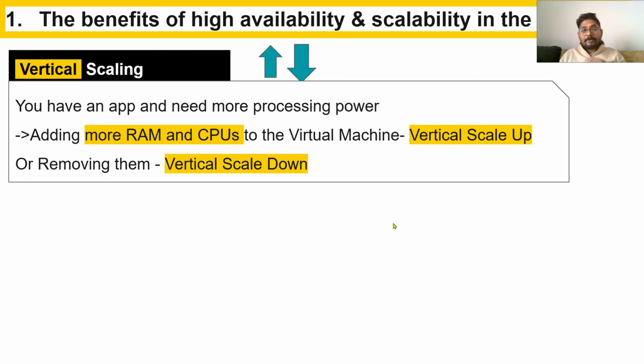To increase the processing power, you are adding more RAM. Let's say you are going to the Azure portal and saying, I need more RAM, I need more CPU, and you are increasing them. So when you add more RAM and CPU to the virtual machine where the application is hosted, this is called vertical scale up.